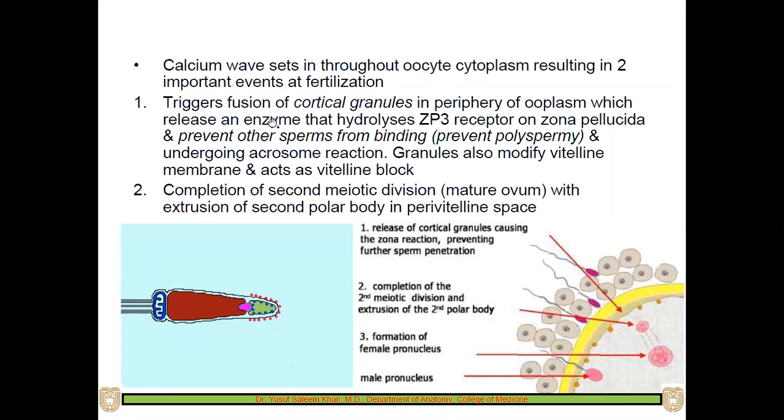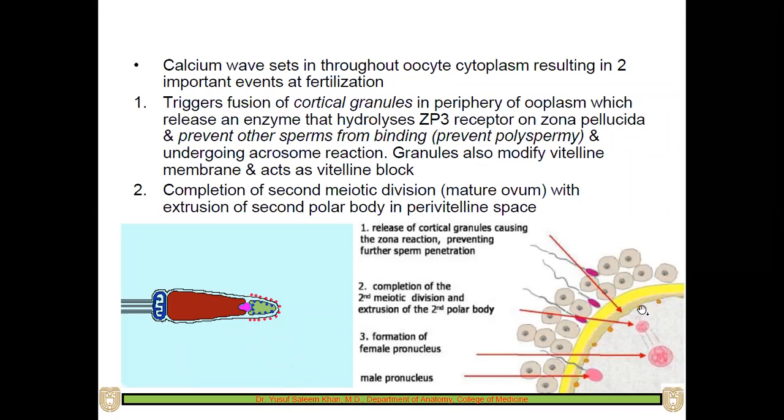So only one sperm can enter. One sperm enters, now there is a barrier formed. Okay, so it prevents polyspermia. Poly means multiple sperms from fertilizing. It prevents other sperms from entering. Granules also modify the vitelline membrane and act as the vitelline block.